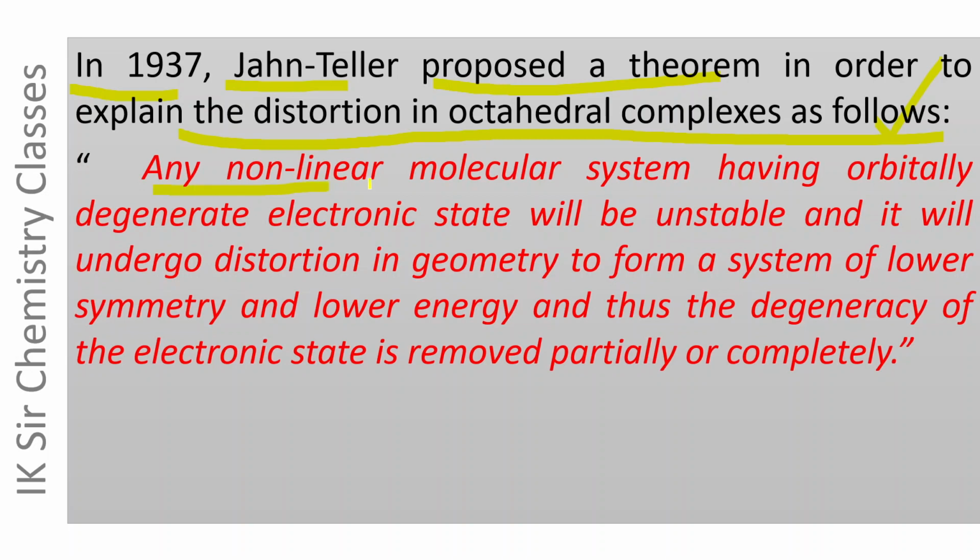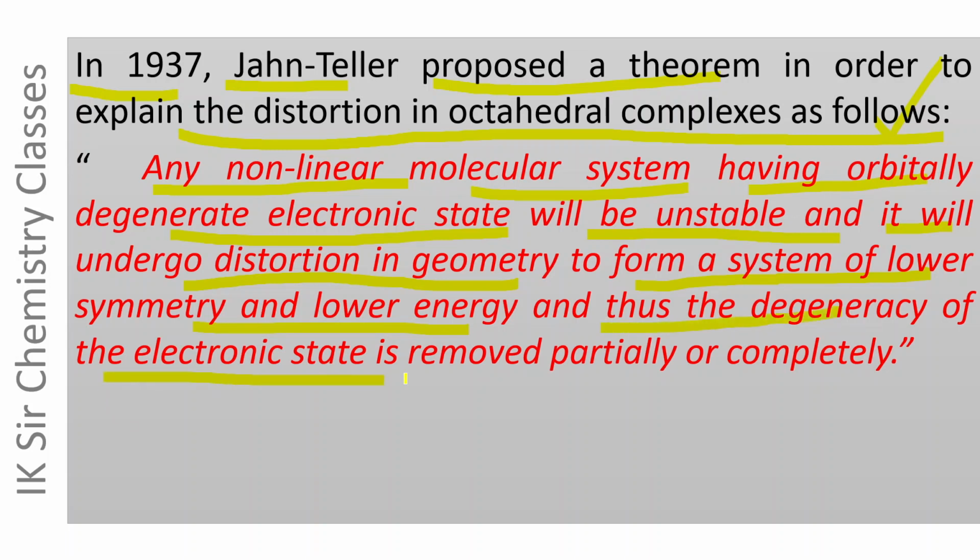Any non-linear molecular system having orbitally degenerate electronic state will be unstable and it will undergo distortion in geometry to form a system of lower symmetry and lower energy, and thus the degeneracy of the electronic state is removed partially or completely.